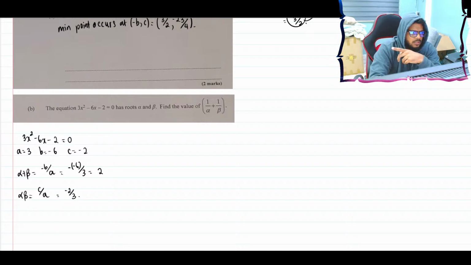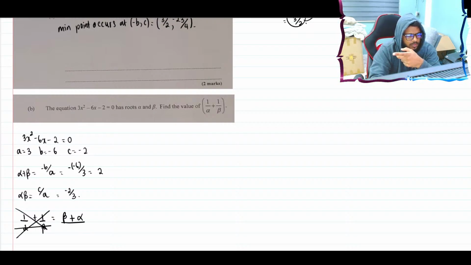We want to know what 1 over alpha plus 1 over beta is. I showed this shortcut on one of my social media channels. So we hit them with this multiplication, 1 by beta is beta. Hit them with this multiplication, 1 by alpha is alpha. Leave the operation in between. Hit them with this multiplication over alpha beta. Right, and that's how we can find the LCM of any two fractions.